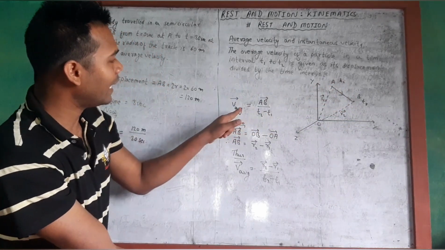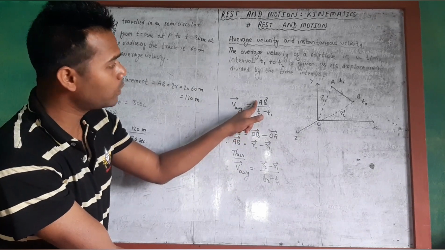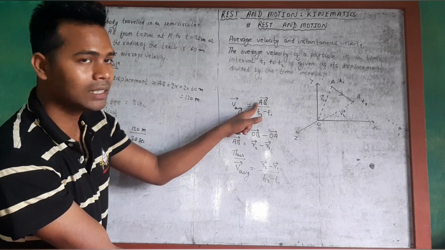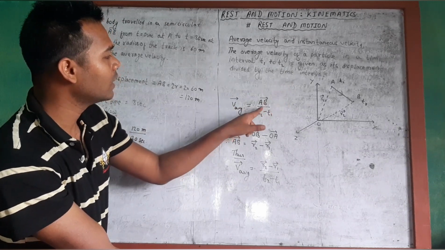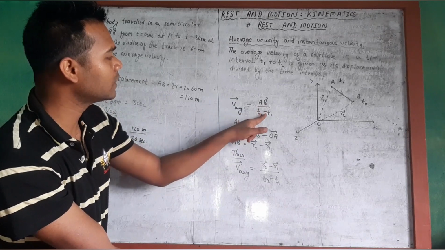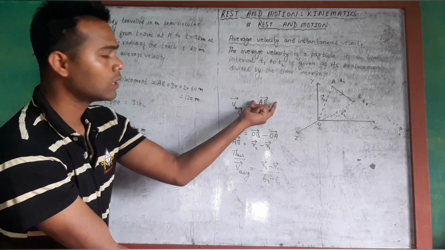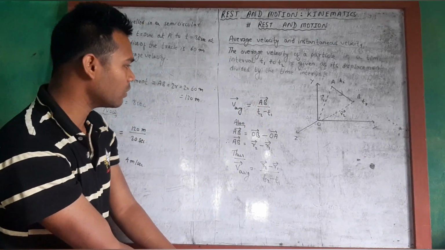That's why the average velocity can be obtained by the displacement vector divided by the total time interval. The displacement vector here is the AB vector, the direction is from A to B, AB vector divided by t2 minus t1. Here average velocity is the total displacement vector divided by the total time interval.